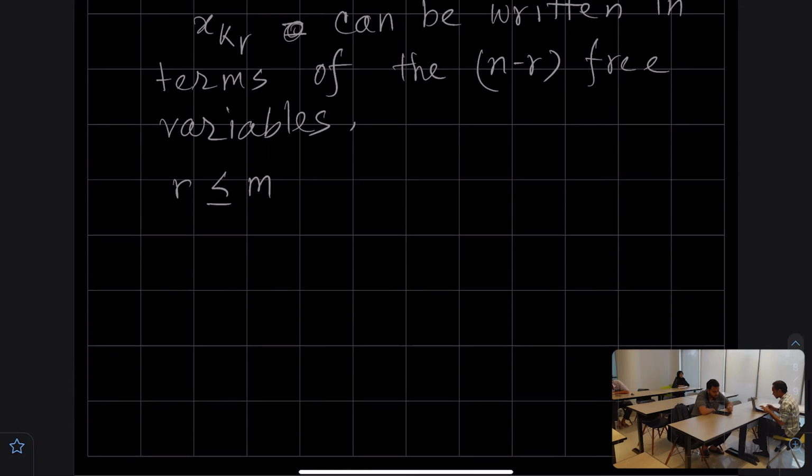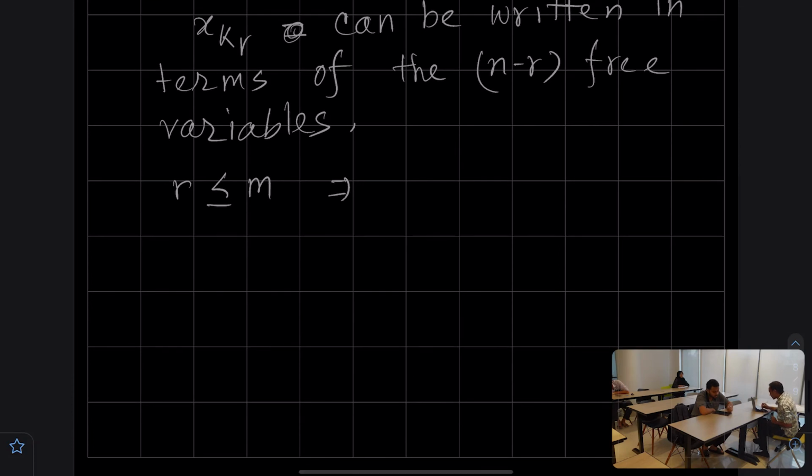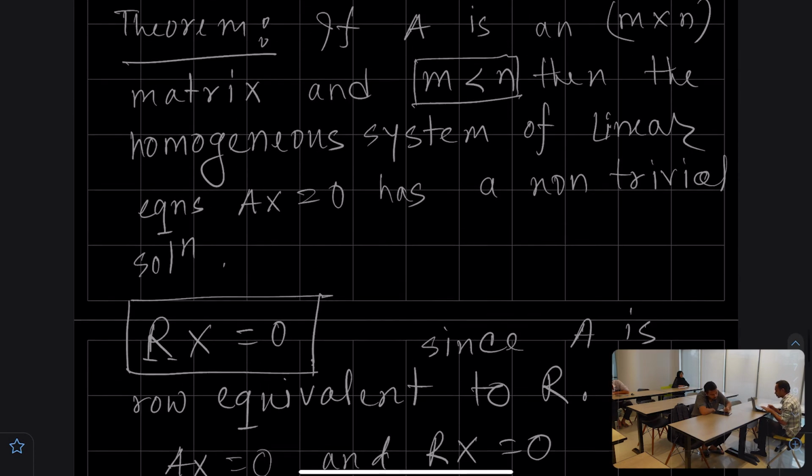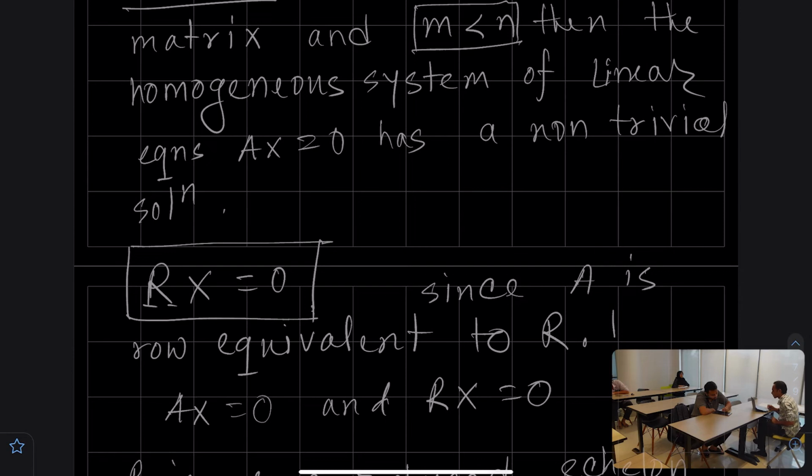That means this implies that r is less than n, right? So now we can conclude that if A is an m cross n matrix and m is less than n, then the homogeneous system of linear equations Ax equal to 0 has a non-trivial solution. Is that clear?